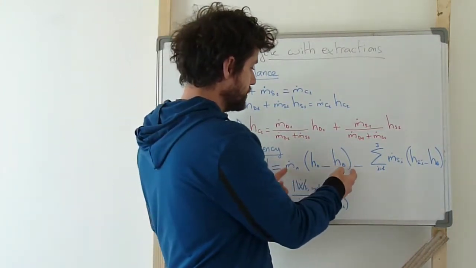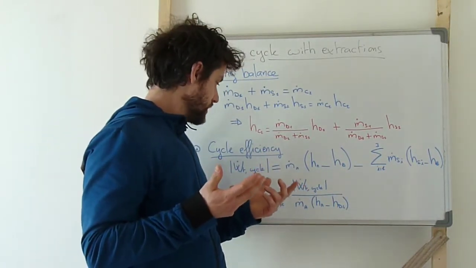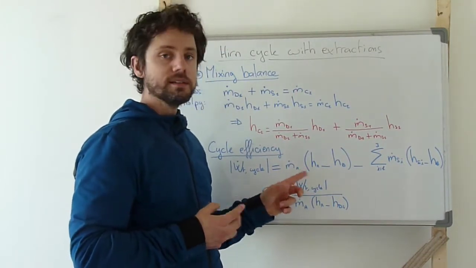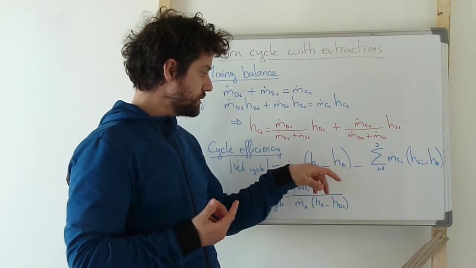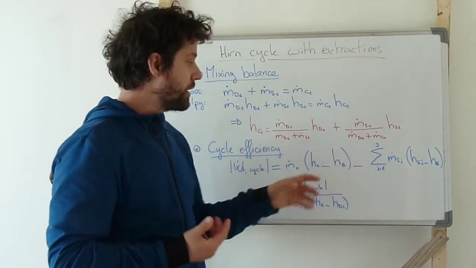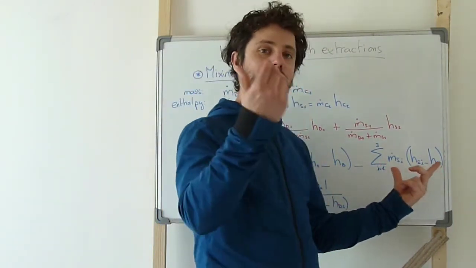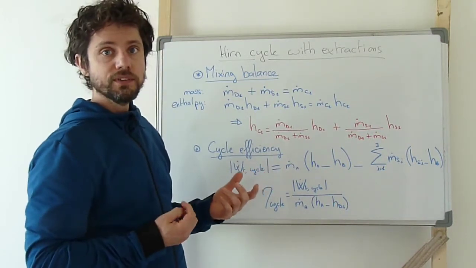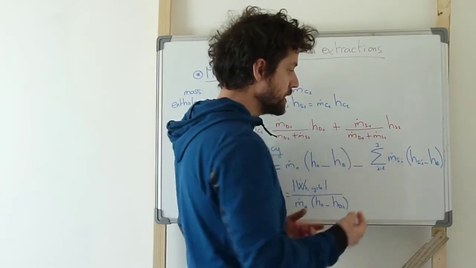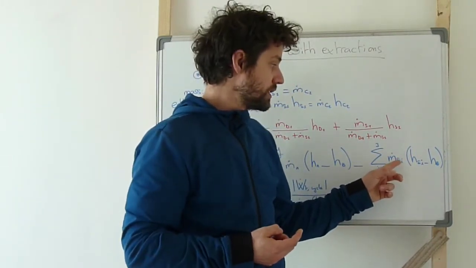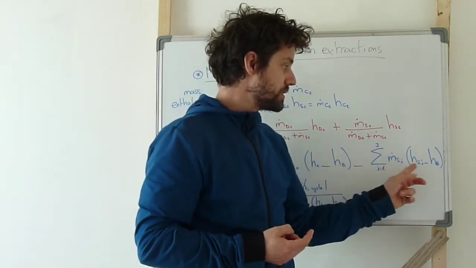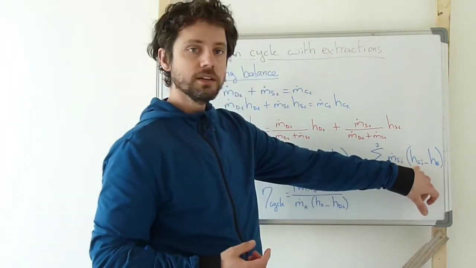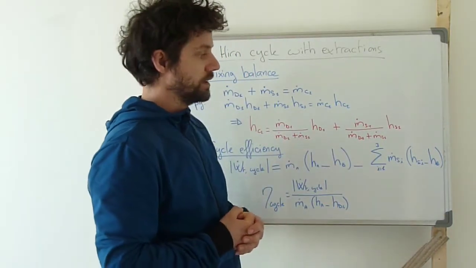It's equal to the technical power that would be obtained if all the mass flow rate MA entering the turbine was expanded from inlet A to outlet B, minus the decrease of technical work that is due to the extracted mass flow rate, so minus the sum of the mass flow rate of each extraction multiplied by the difference of enthalpy remaining between the enthalpy of the given extraction and the outlet enthalpy of the turbine.